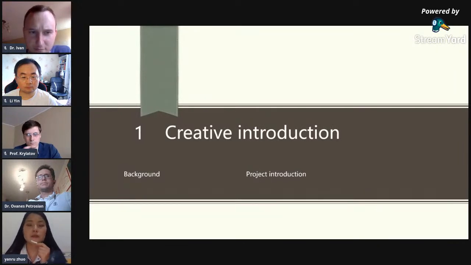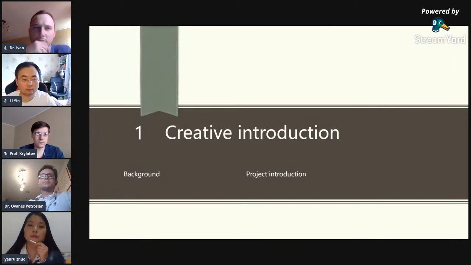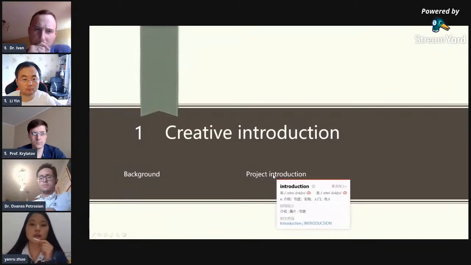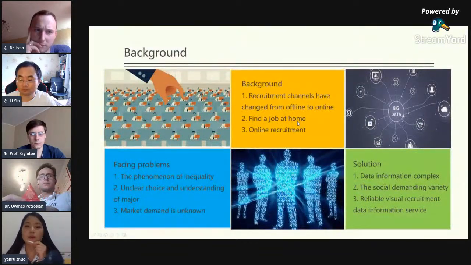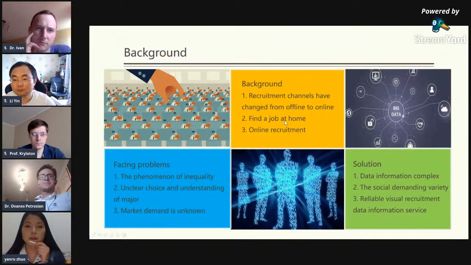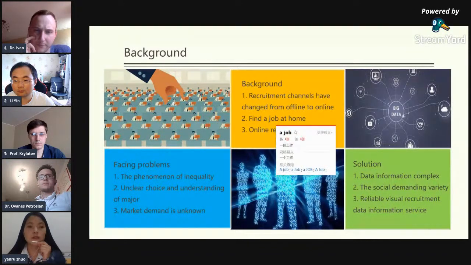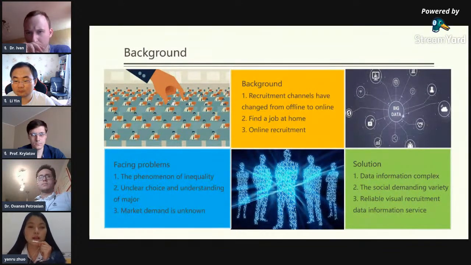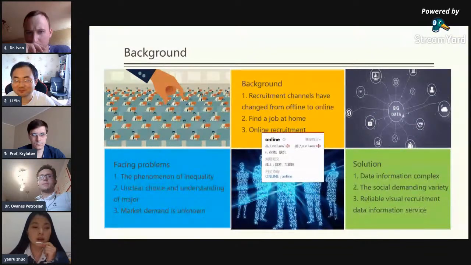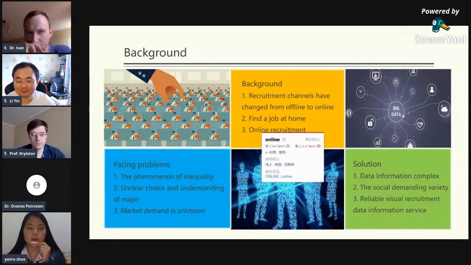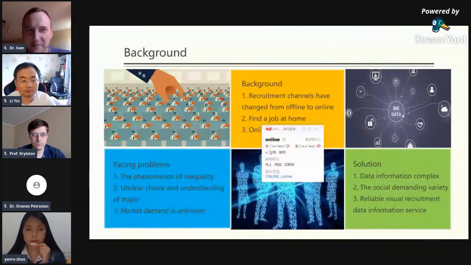Let's start with the first part, creative introduction. It will be shown from 2 aspects: background and project introduction. Let's look at the details. Background. With the rapid development of the internet, recruitment channels have changed from offline to online, and this year's new coronavirus has accelerated this change.